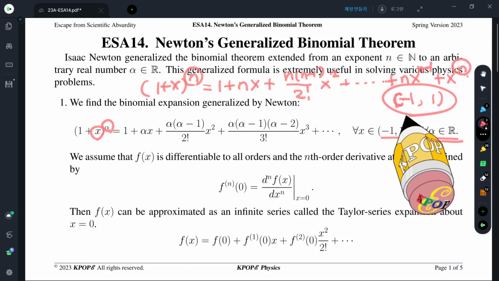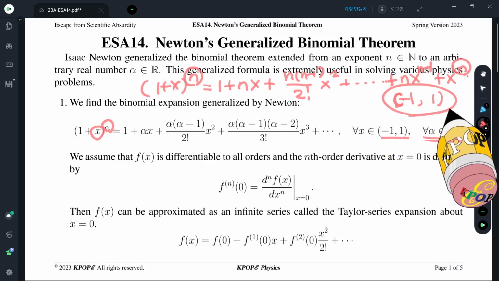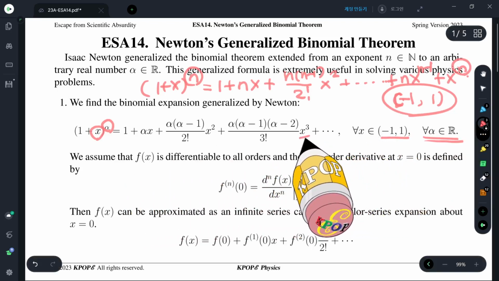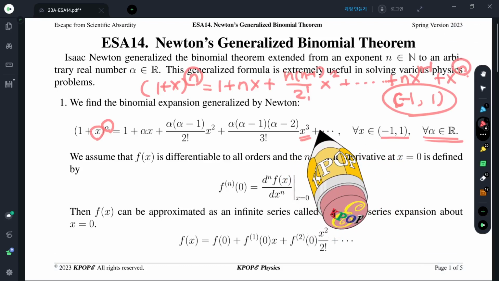And for safety reasons, we exclude the endpoints. Then, as the power increases, this power series expansion becomes smaller and smaller and smaller.